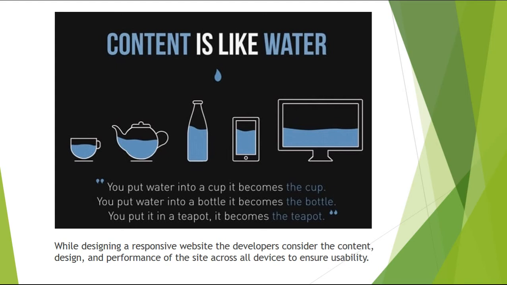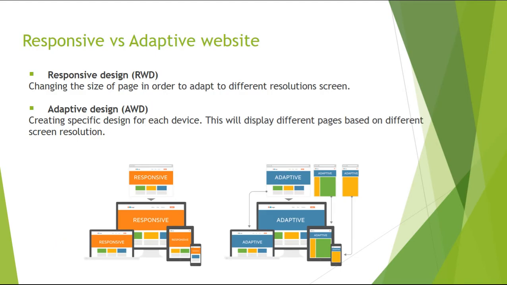Like that, when a responsive website content is put on desktop, it will become a web application, and when you put it into a mobile, it will become a mobile application. So this is a great example of what a responsive website is and how the content of a website is in desktop application as well as mobile application.